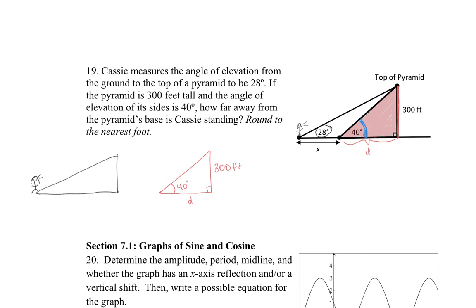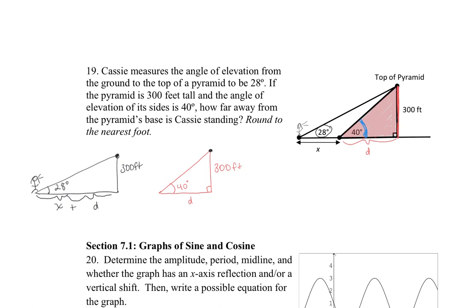Her distance is X plus D, and the height is still 300 feet, with her angle of elevation 28 degrees. So we can find D here, plug D in here, and then look for X on that side.